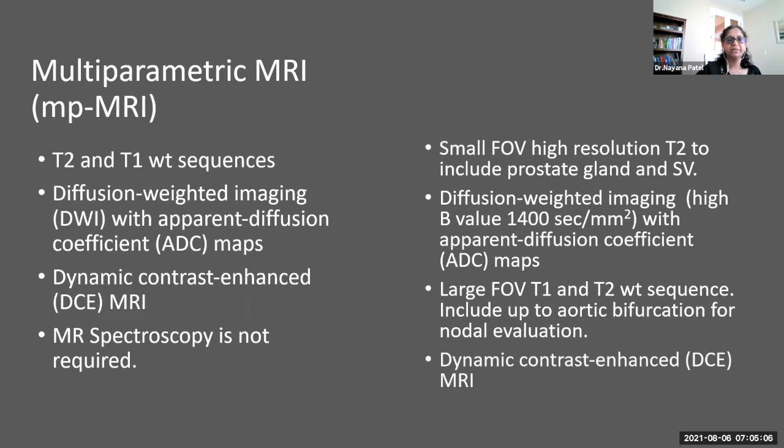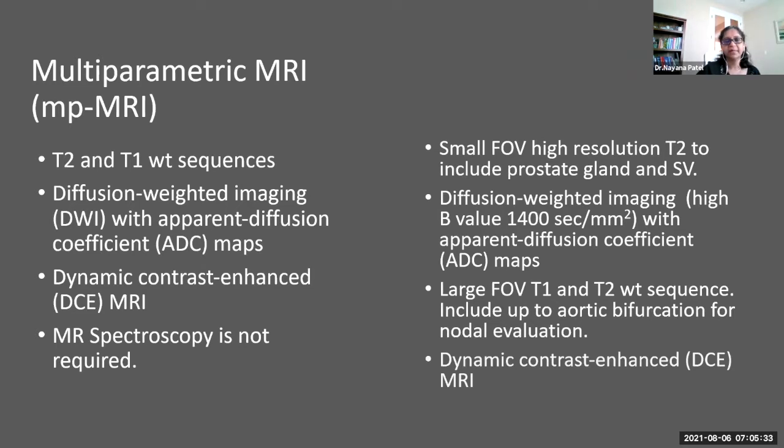Multiparametric MRI refers to MRI that includes anatomic sequences like T1 and T2 weighted images for morphologic evaluation and functional sequences like diffusion weighted images and dynamic contrast enhanced images. MRI spectroscopy is not required and is not part of the standard multiparametric MRI protocol.